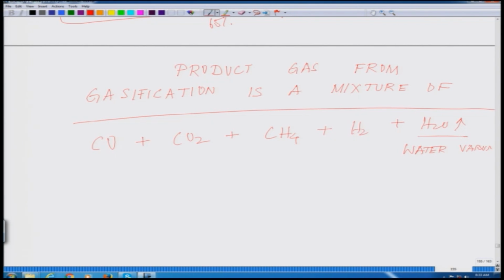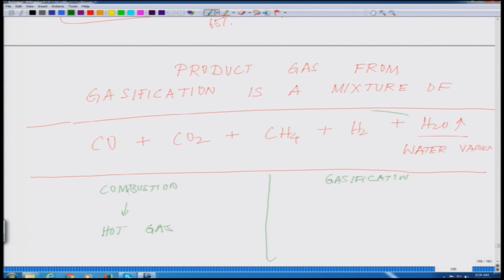This is a complex mixture that you obtain out of this whole process. Unlike combustion, whose end product is basically just hot gas, in gasification what you are getting is a complete mix of these different things in the gasifier.